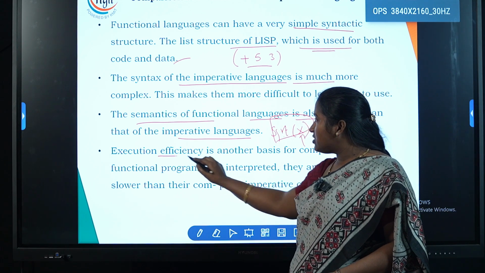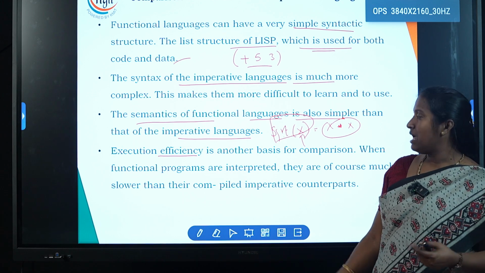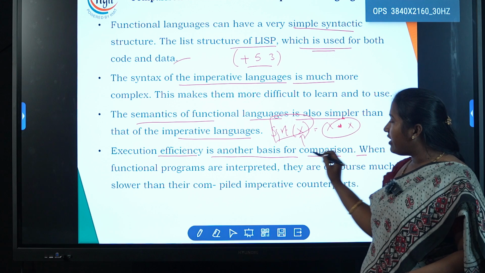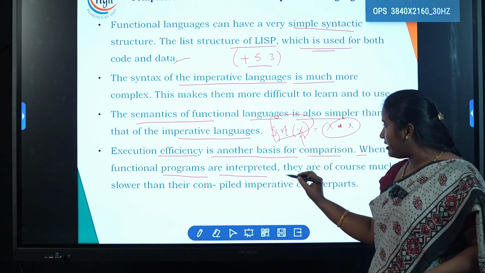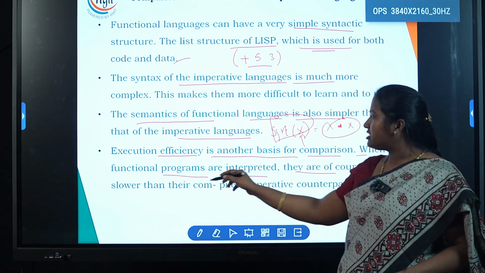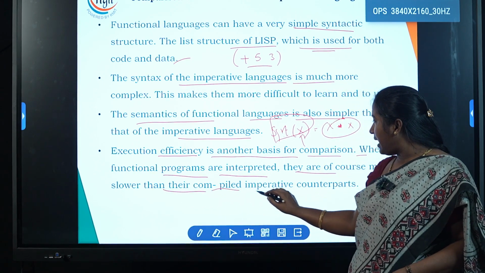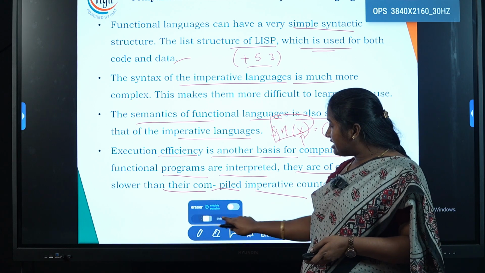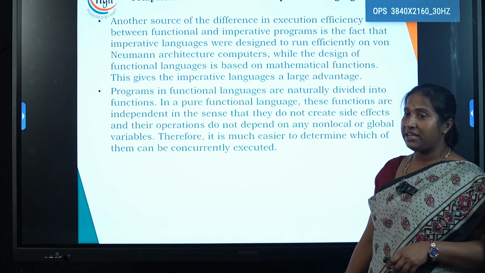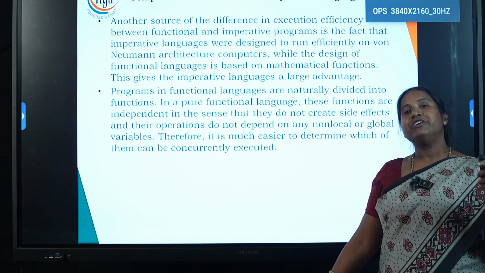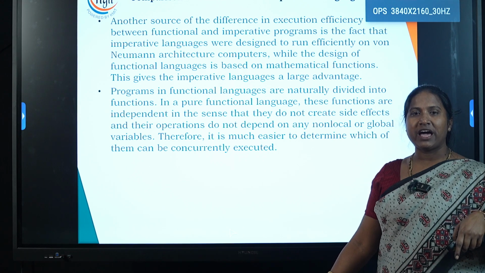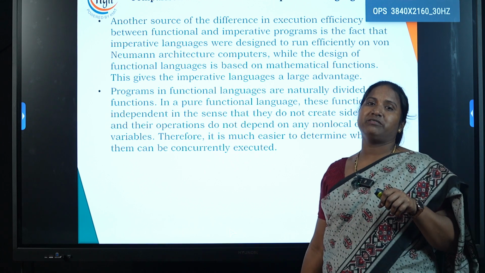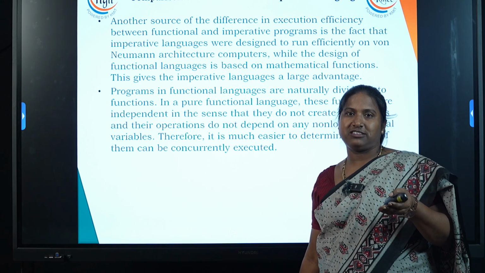And execution efficiency, the third parameter, is another basis for comparison. When functional programs are interpreted, they are of course much slower than their compiled imperative counterparts. Recently, you can find this change, that even functional programming languages have compilers. So, as the execution parameter, compilers are faster, correct?